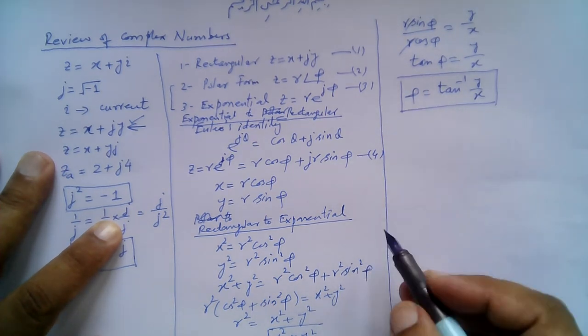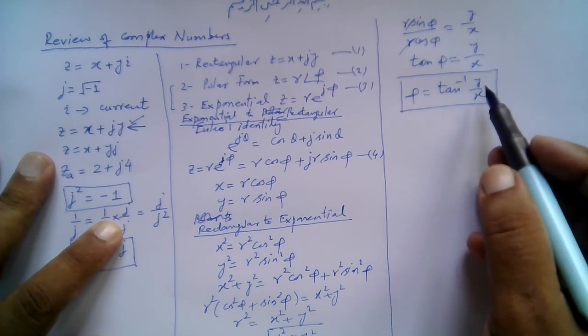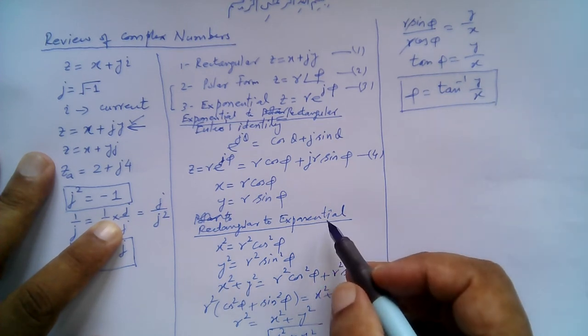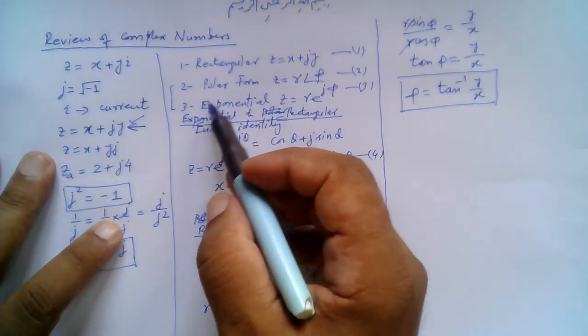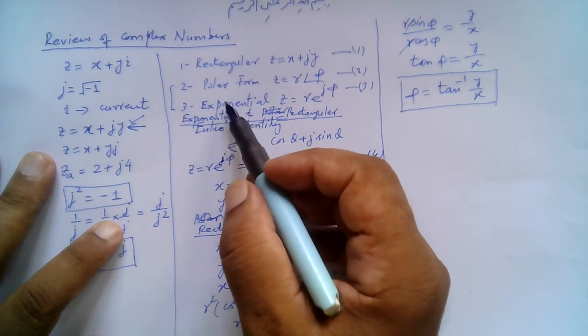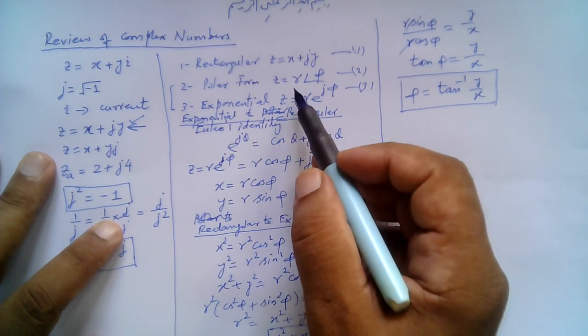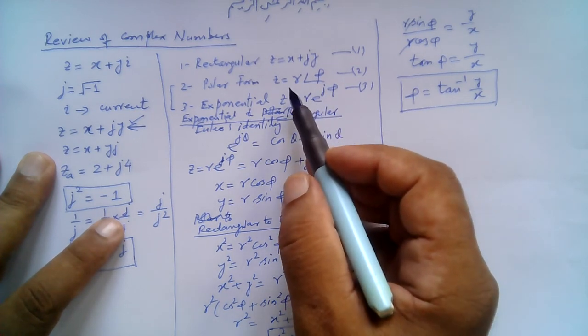So given the rectangular components x and y, we can find the polar and exponential components r and phi. As I've already described, these polar and exponential forms are quite similar. They are both expressed in terms of r and phi. So if we have the exponential form, we have the polar form as well.